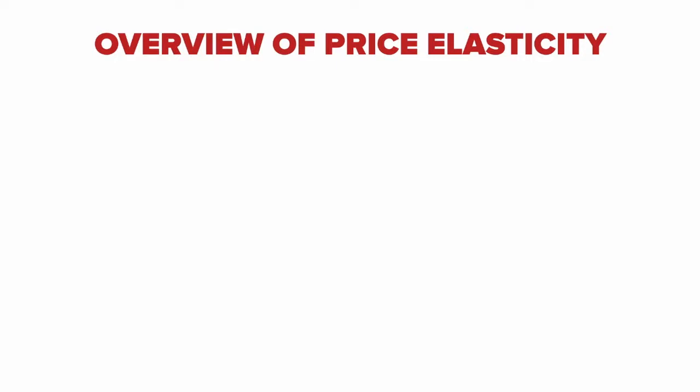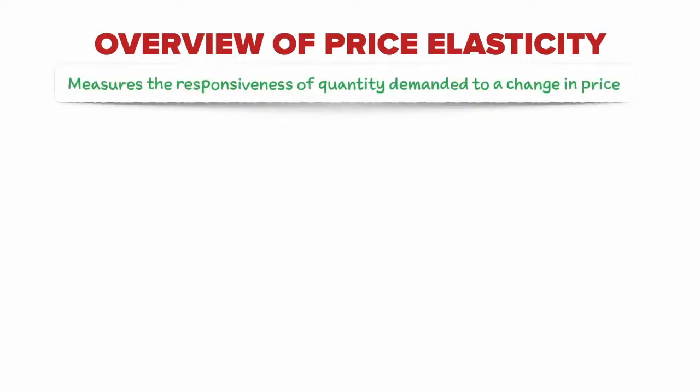So price elasticity is all about looking at the degree to which price can cause these changes in demand for different goods and services. Price elasticity of demand measures the responsiveness of quantity demanded to a change in price. We say elasticity because the reaction is related to what happens with an elastic band.